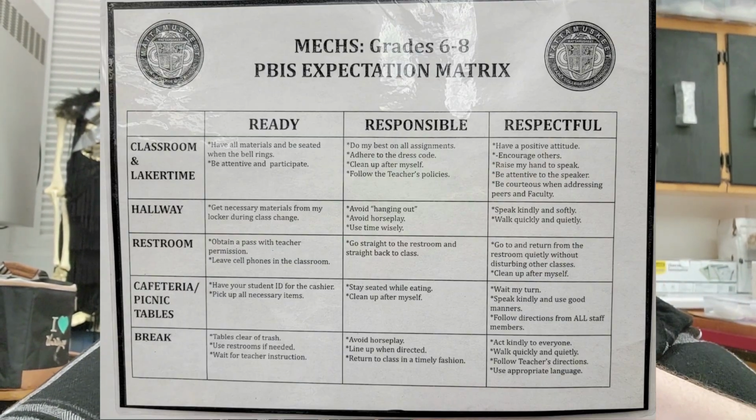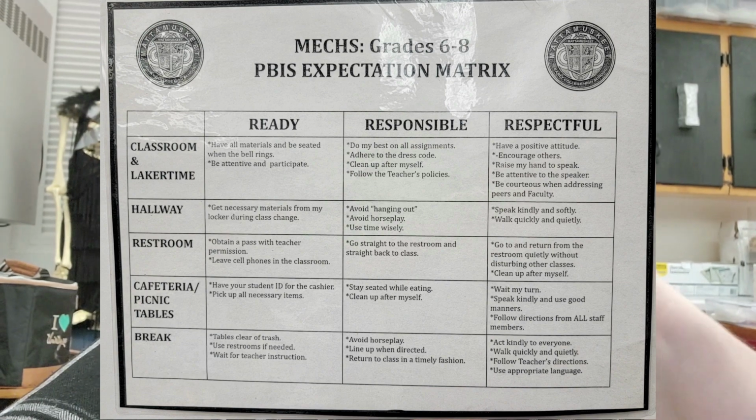In our team, we decided to make this fair. We were going to use our PBIS matrix, which is positive behavior intervention and support. And we decided that we were going to make positives and negatives based on the actual statements that were in the PBIS matrix.